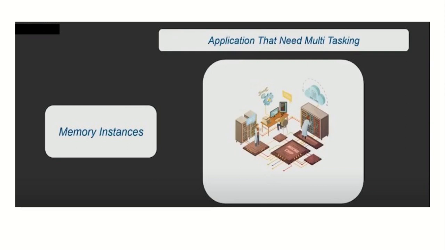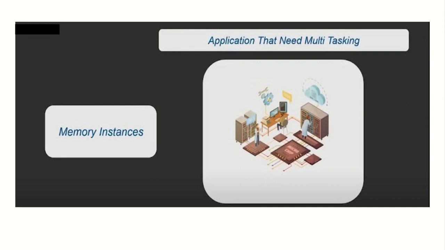These are the instances that are required for applications that require more memory, or in better terms more RAM, random access memory. So these are for applications that require good computation power, like the previous one. But when we talk about RAM, it is something that resides in our local system, right? So we need instances which have good memory capacity.